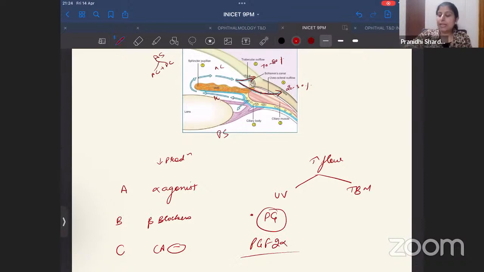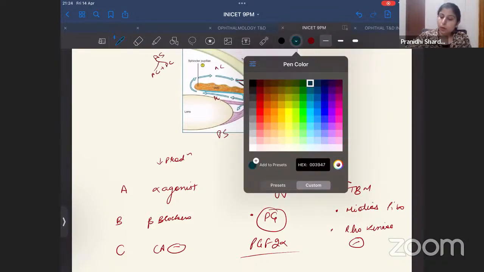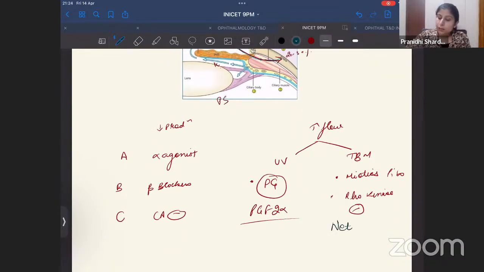F2 alpha. Trabecular meshwork: by miotics like pilocarpine, or drugs like Rho kinase inhibitors, known by the name of netarsudil. Netarsudil is the Rho kinase inhibitor which increases the trabecular meshwork outflow.